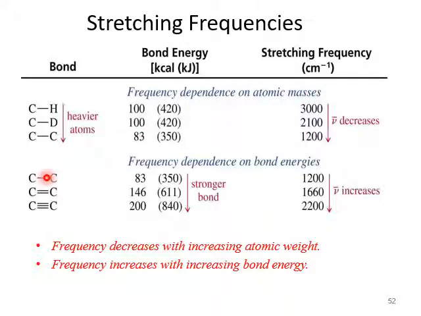In addition, when the bond is stronger, the frequency will increase, because a triple bond is stronger than a single bond. With an increase in bond energy, or strength of the bond, the frequency will increase. So the frequency of a carbon-carbon triple bond is much higher than that of a single bond.